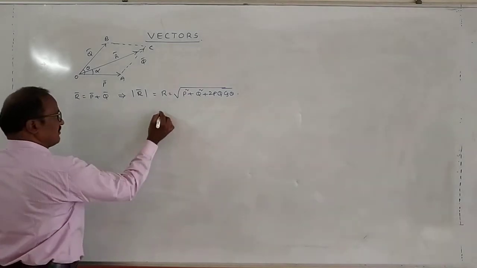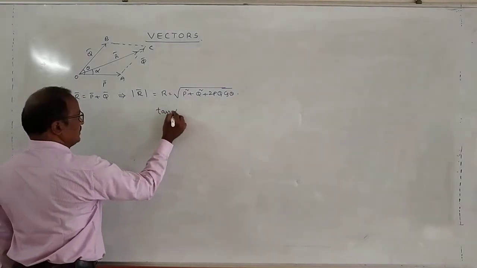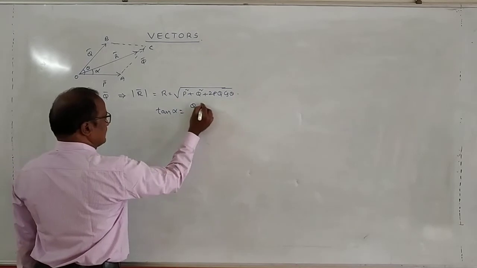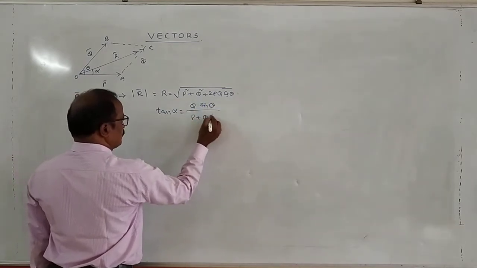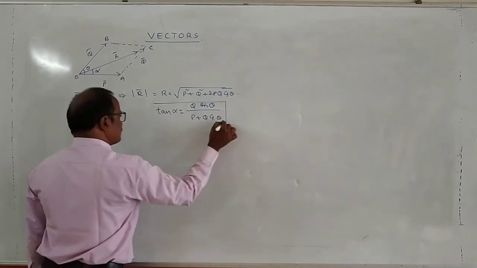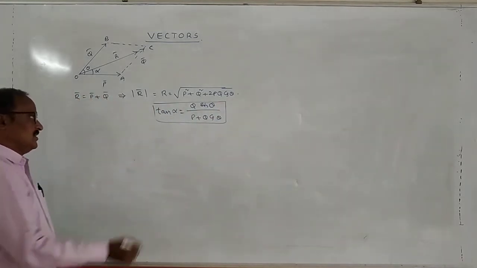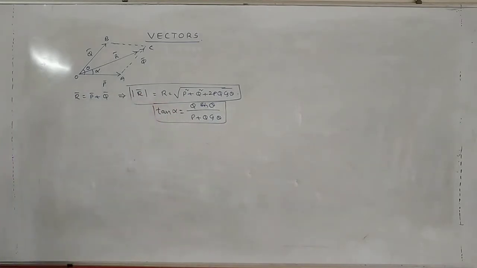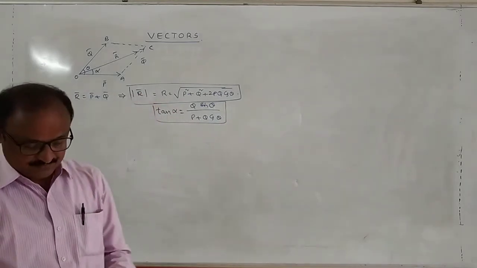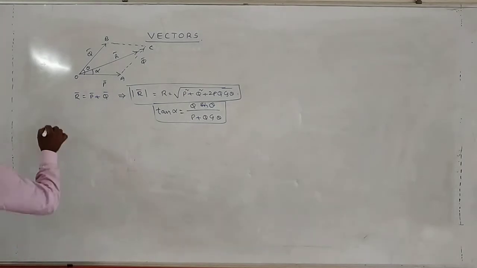Then tan alpha is equal to q sin theta by p plus q cos theta. This is the formula to find the direction, and this is the formula to find the magnitude of the resultant.